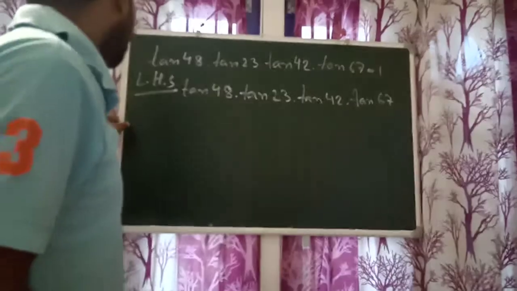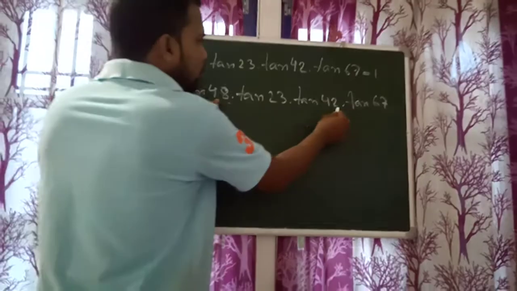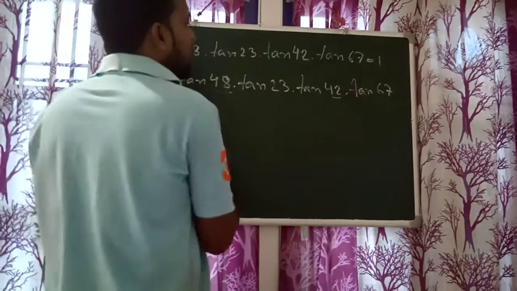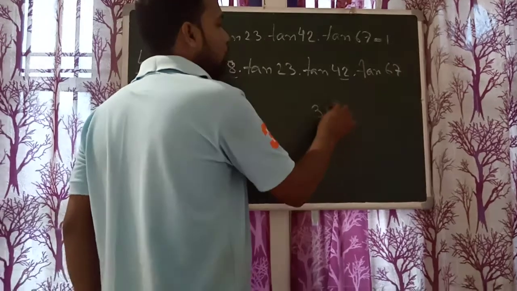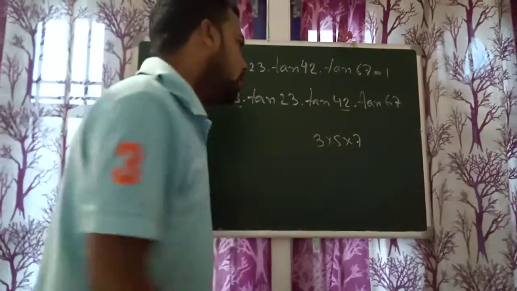Now see, suppose one number is like this way 3 into 5 into 7.